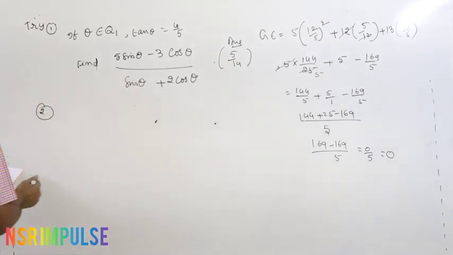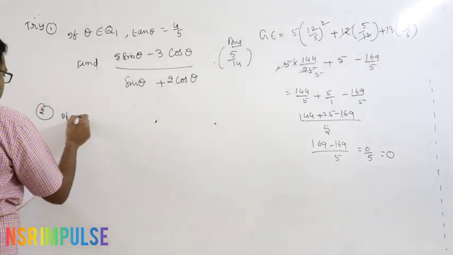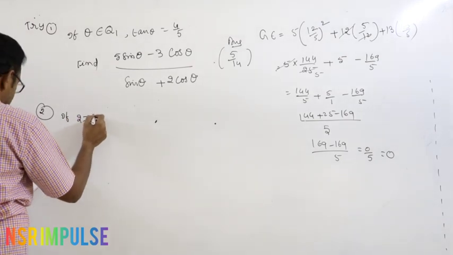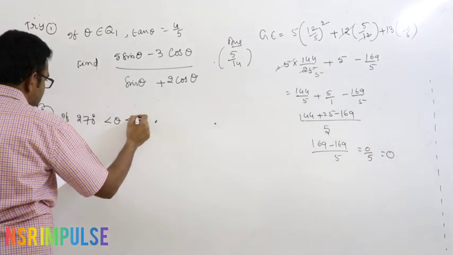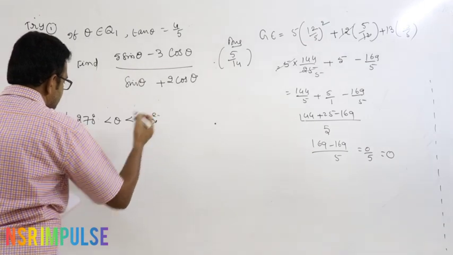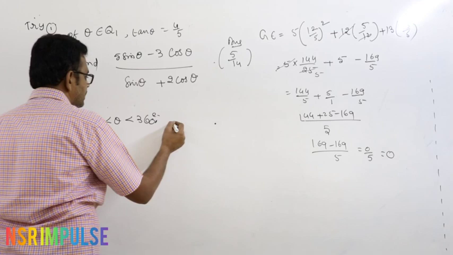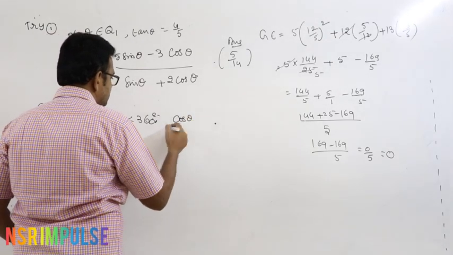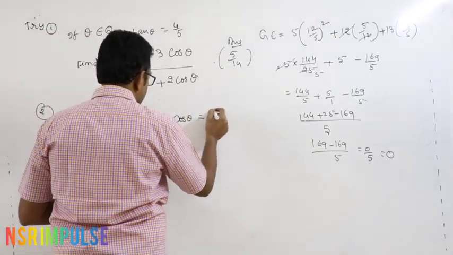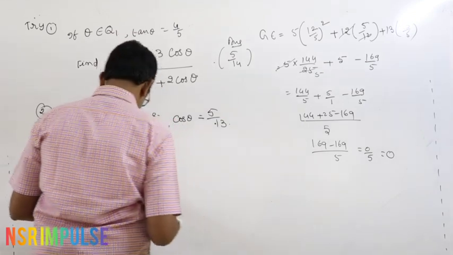Second one: if 270 degrees is less than theta less than 360 degrees, that means theta lies in the fourth quadrant, and cos theta is equal to 5 by 13.